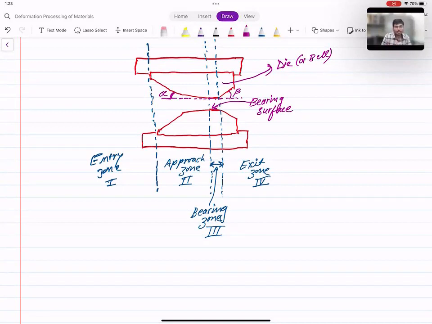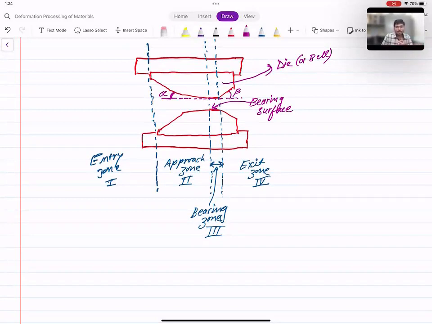While entering, the initial wire, which is also a sort of wire or rod, is getting reduced in cross section. So it carries the lubricant along with it. After entering into the approach zone, the actual reduction begins. Before the bearing surface and after the entry, the actual reduction takes place.